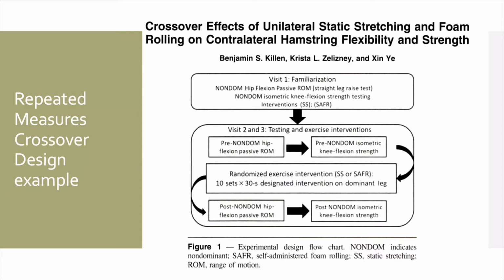So what they did in this study, kind of neat, right? They did all of the treatments on the hamstring of one leg, but then measured the effects on the hamstring of the opposite leg that was not trained.